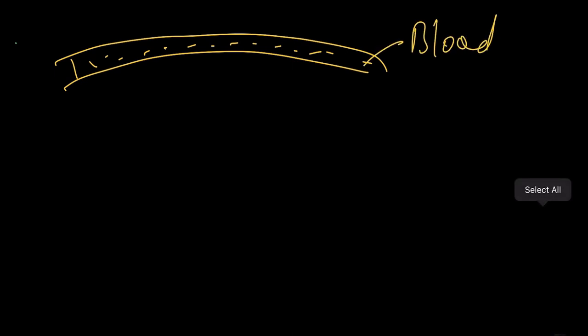So if there is the, suppose this is the layer, and there is the collection of the blood, someone pinches you so hard, and in the layer you get the blood accumulated, this blood get accumulated in our fourth layer. Which layer is this?